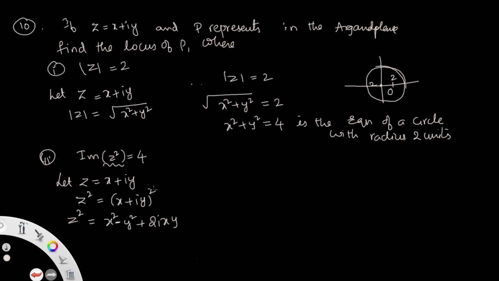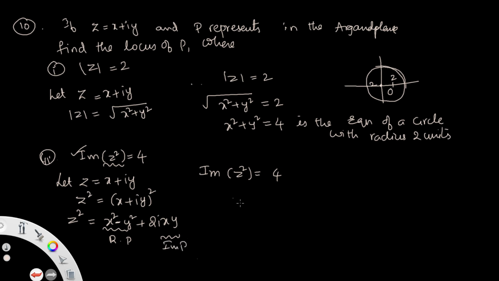But the question gives the imaginary part. So given imaginary part of z square equals 4, what is the imaginary part here? The term without i is the real part, and the term with i is the imaginary part.